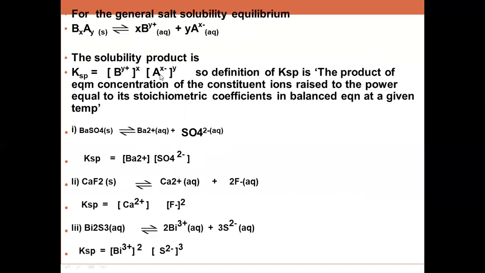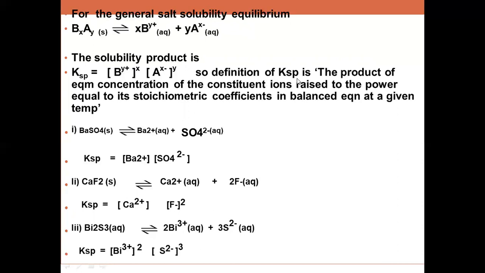And here A^x-, and this coefficient goes to its power. Therefore, here Ksp is equal to the concentration of B^y+ to the power x, and the concentration of A^x- to the power y.